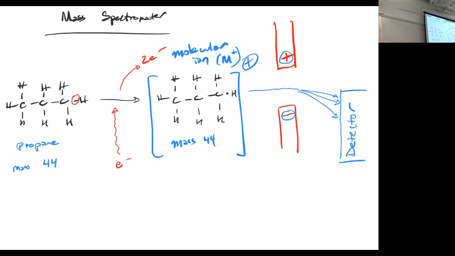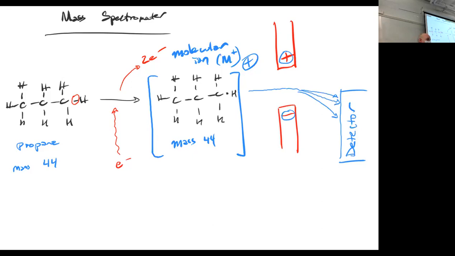A larger molecule would have its path bent by a smaller amount. So these things up here maybe would have a larger mass, and down here would have a smaller mass. It is going to be proportional to that. So depending on where it strikes the detector, we can actually measure the mass of our molecule. That's all just based on how much their path bends going through that magnet.